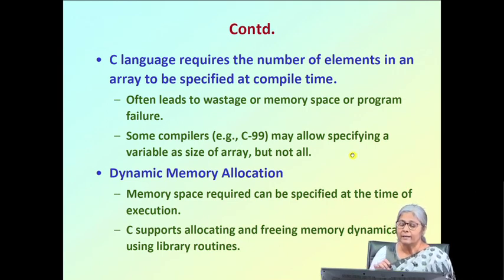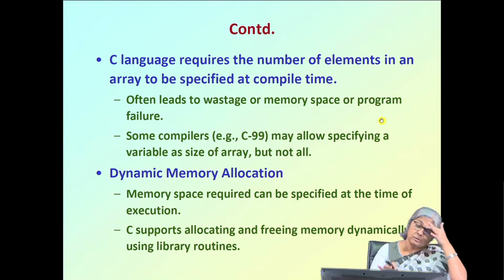Now, the C language requires the number of elements in an array to be specified at compile time, because in the declaration of an array we have already given how many elements there are. So, this often leads to wastage of memory space or program failure, because there are two cases.